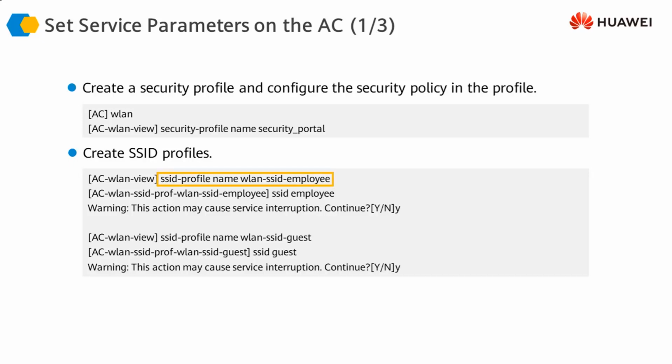Once the security template is configured, we configure the SSID profile. One SSID profile is configured for the employees group, the other SSID profile is configured for the guest group, and we define the appropriate SSID. As you can see, the SSID value should be self-explanatory.